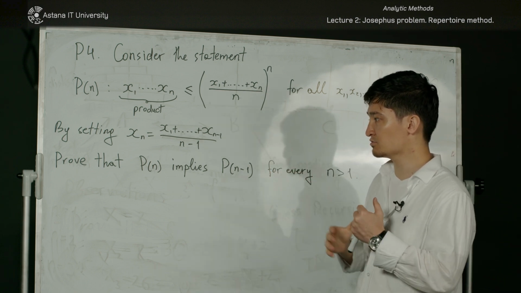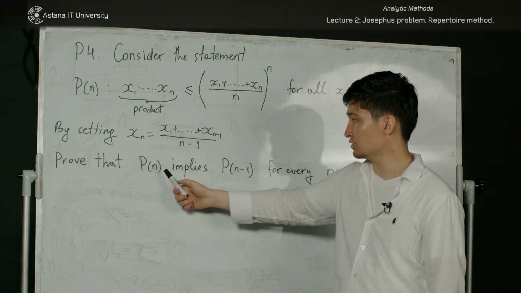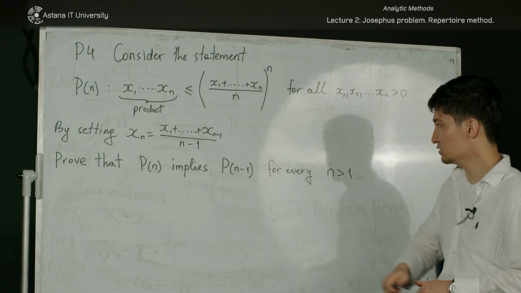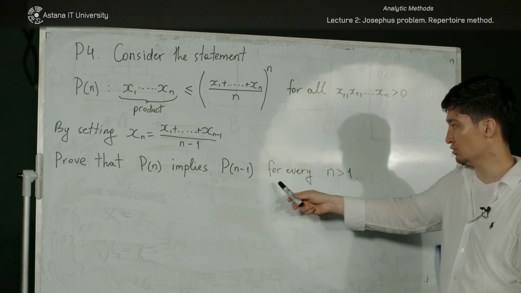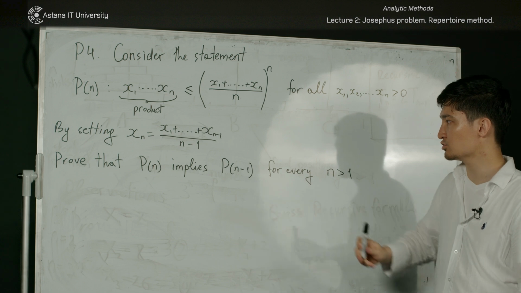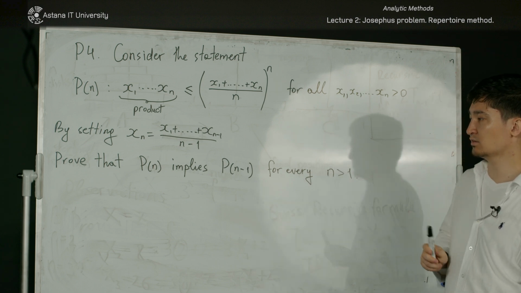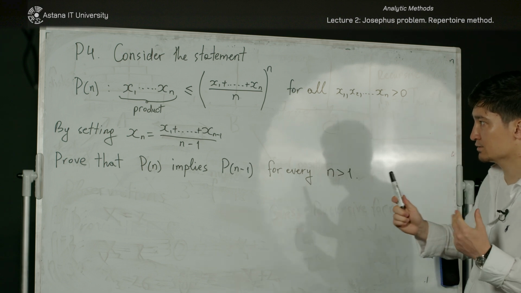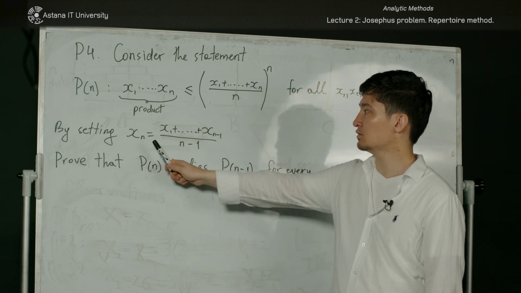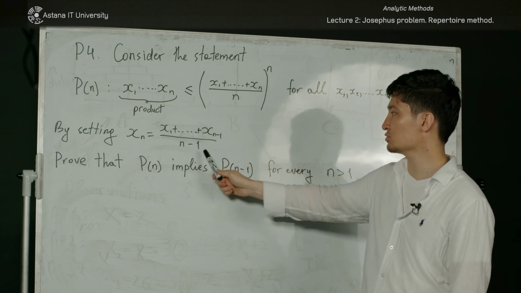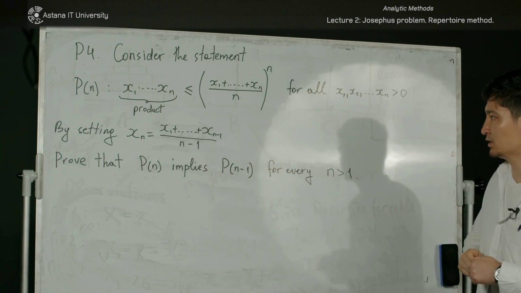The problem is to prove that if this statement is true, Pn, then this statement must be also true. That is P of n minus 1, for every n strictly greater than 1, by setting xn equal to the sum of x1, x2 until xn minus 1 divided by n minus 1.